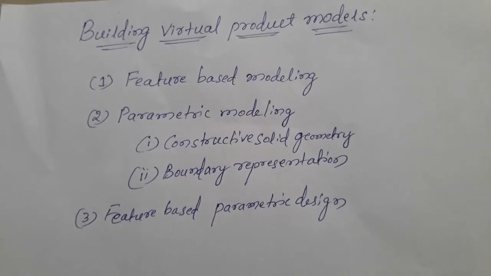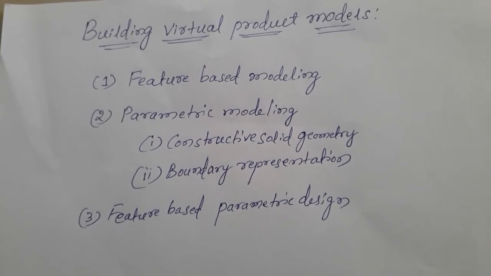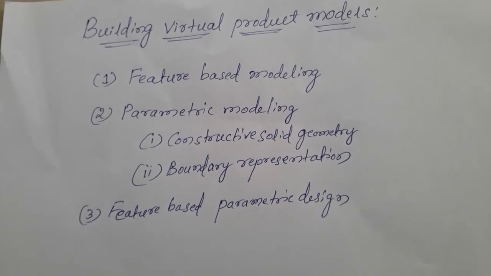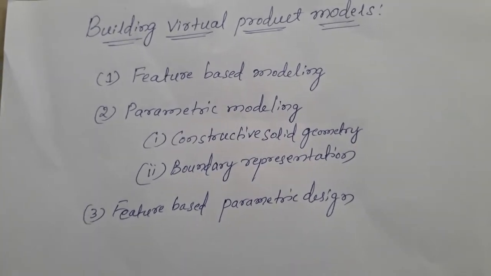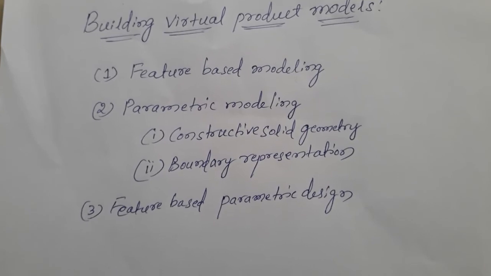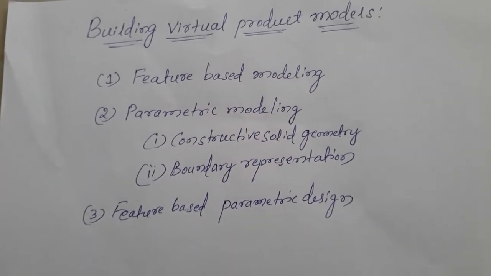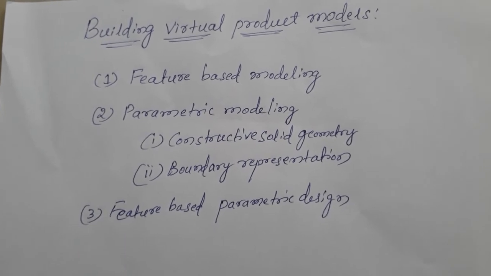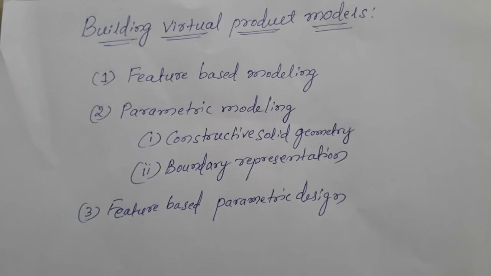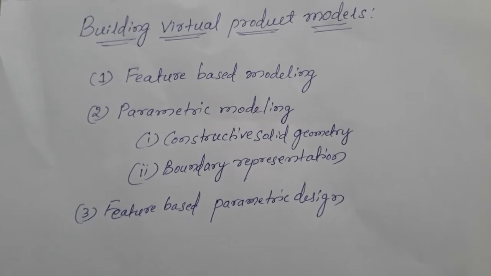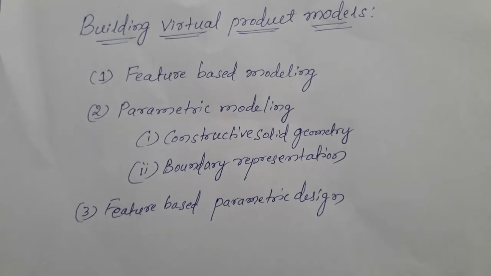In boundary representation, surfaces are combined to develop a solid model. That means, if you want to create any object, that solid uses some surfaces. How are those surfaces bounded? Those surfaces are bounded by edges.